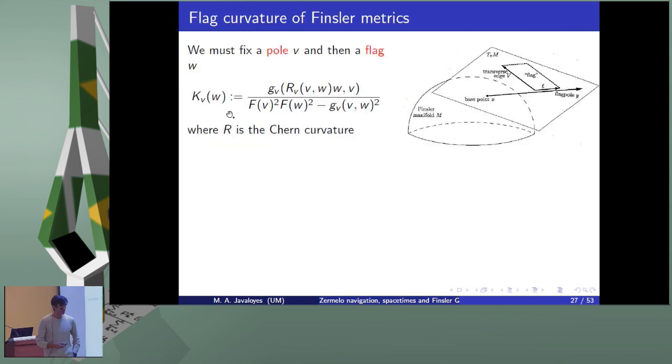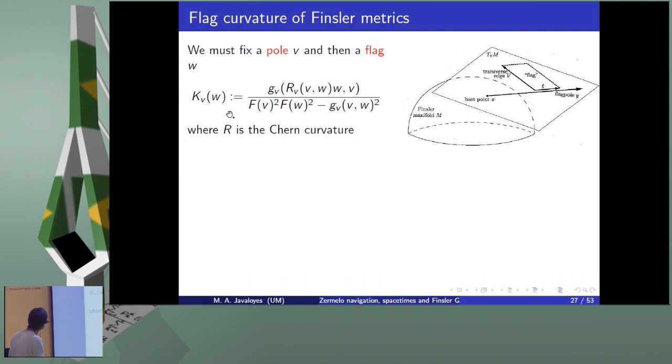Okay, let me introduce now the curvature in Finsler metrics. Well, the only idea that I want to transmit is that in order to define the curvature, you have to fix a vector, and then a plane that contains this vector. Well, this is the formal expression, but as you can see, it's very similar to the Riemannian case.